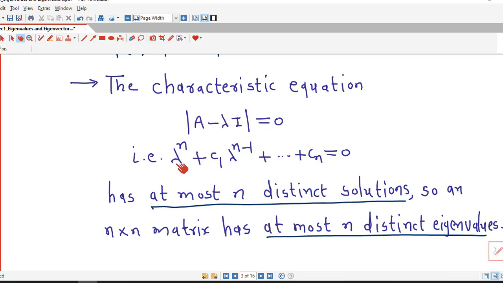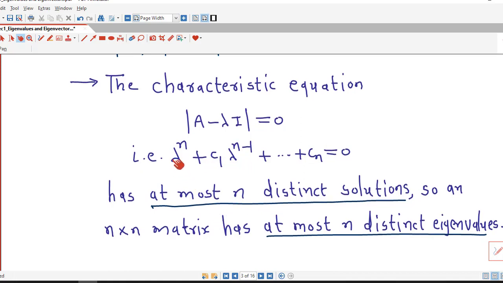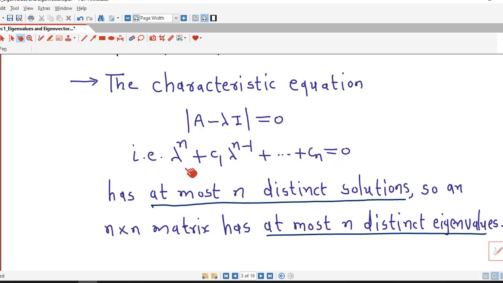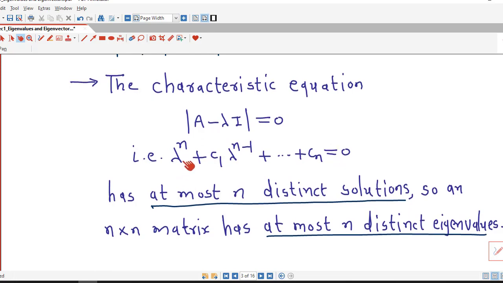There may be some values of lambda repeated, or some values of lambda distinct. So the total number of different values of lambda is at most n. Because this equation has at most n distinct solutions, we can say that if capital A is a square matrix of order n, it always has at most n distinct eigenvalues.